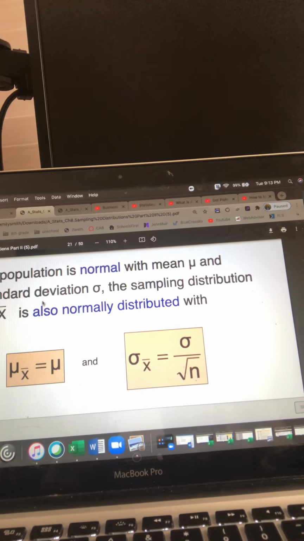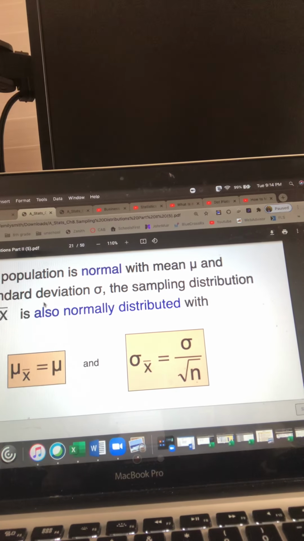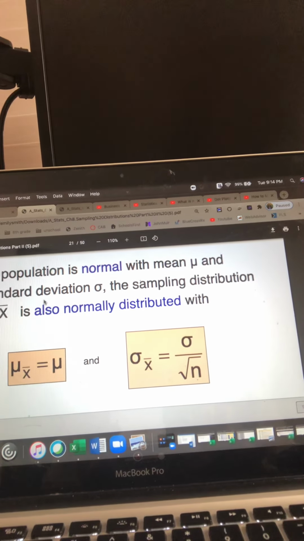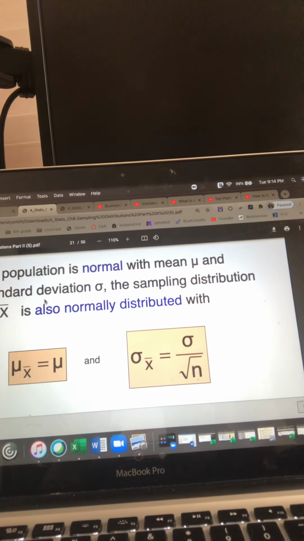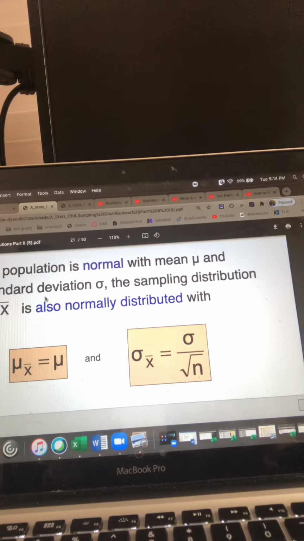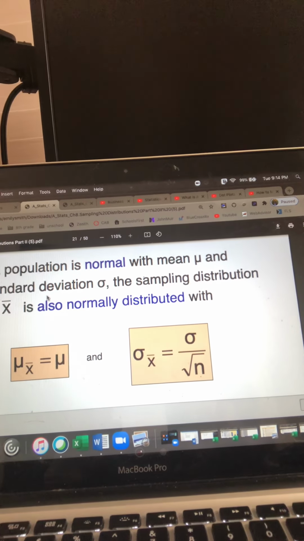Now, keep in mind that the larger the sample, the more normalized the curve is around the mean. So we say that if n is greater than 25, you will have nearly a normal distribution.